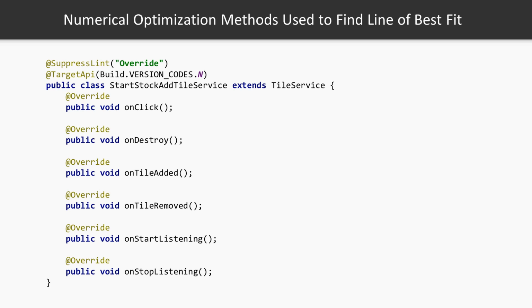So tile service basically consists of a few methods that you need to implement if you want to achieve certain functionality. In our case, we'll just implement the onClick method. That means, when you click it, you will do something. And then there are a few lifecycle methods like onDestroy.